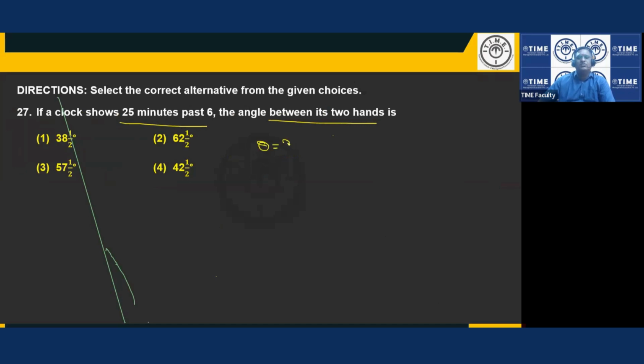Theta is equal to 30h minus 11/2 m, where h is equal to 6 hours and m is equal to 25 minutes. Substituting, theta is equal to 30 into 6 minus 11/2 into 25.